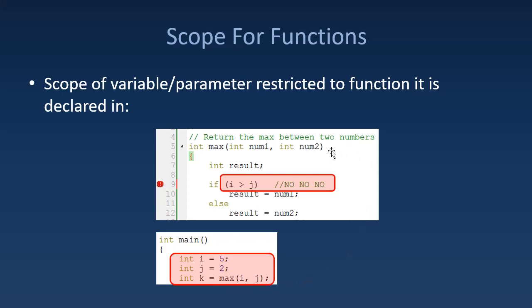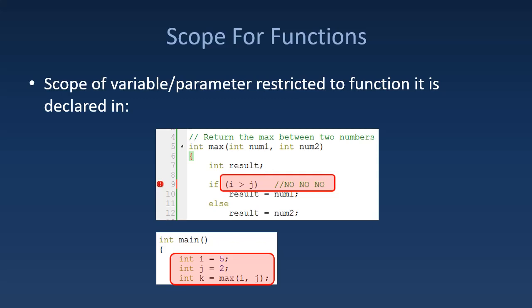As we switch into this new function, we basically reset the list of variables that are in scope. And so now i and j are not. If I try and use them, it's an error. If I try and use k, it's an error. The only things I can talk about are num1, num2, and result.